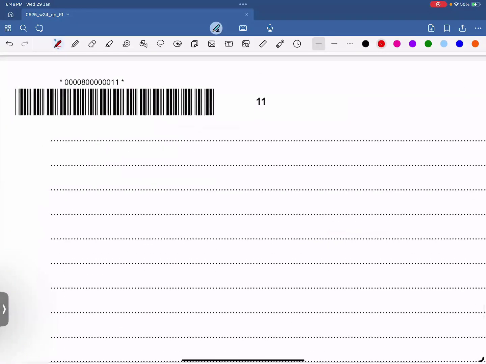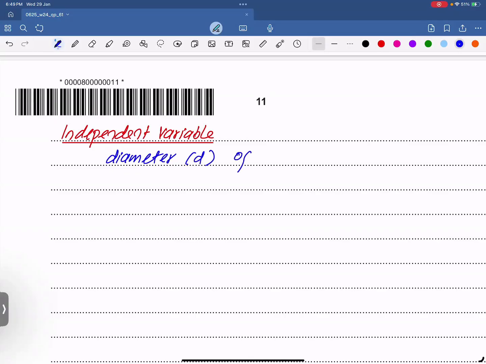I suggest you all to write variable as tabs. So you say independent variable, underline like that as a tab. So you will say diameter D of the fuse wire.